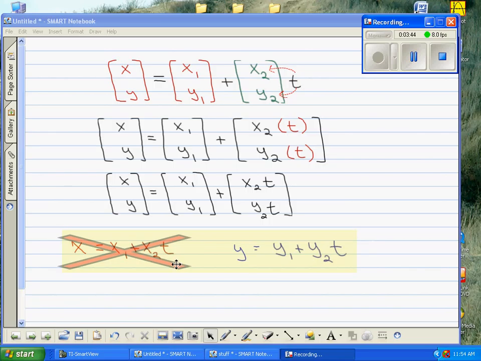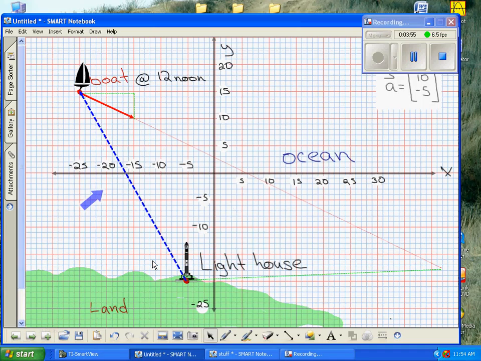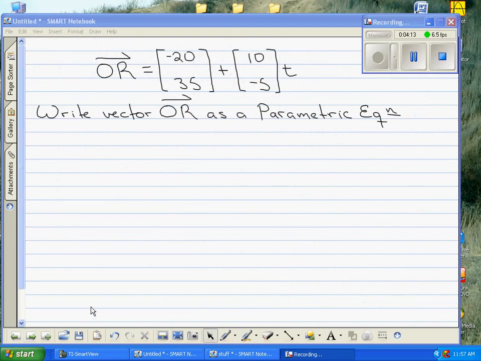Now before we do more work on parametric form, let's do an example on how to find a parametric form of an equation. I'm going to work with the last example we did, the lighthouse and the boat and how we tracked it. We're going to take that equation and write it in parametric form. If you were following the videos, the equation OR was equal to the vector negative 20, 35 plus t times the vector 10, negative 5.